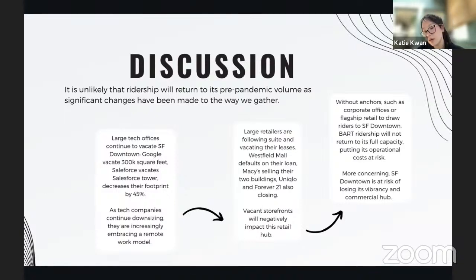We've got Uniqlo that closed at the beginning of COVID, and also Forever 21. So there's potentially a lot of vacant storefronts, which would negatively impact this retail hub. And if the glimmer of hope is that people are actually willing to convene, willing to come in for tourism and retail, the fact that they're closing is kind of ominous.